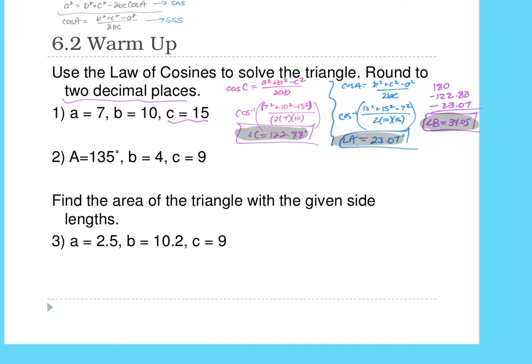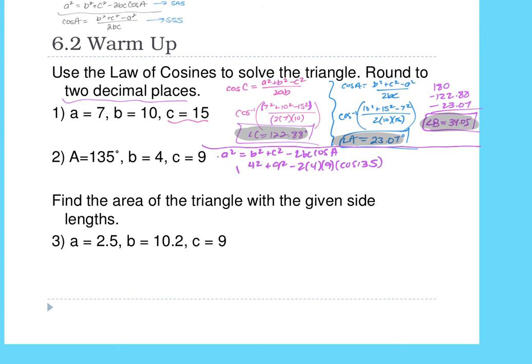And if it's side angle side, I'm going to law of cosines. I've got to find the last side. That's the first thing I'm going to find. So a squared would equal b squared plus c squared minus 2bc cosine A. And I get 4 squared plus 9 squared minus 2 times 4 times 9 times the cosine of 135.